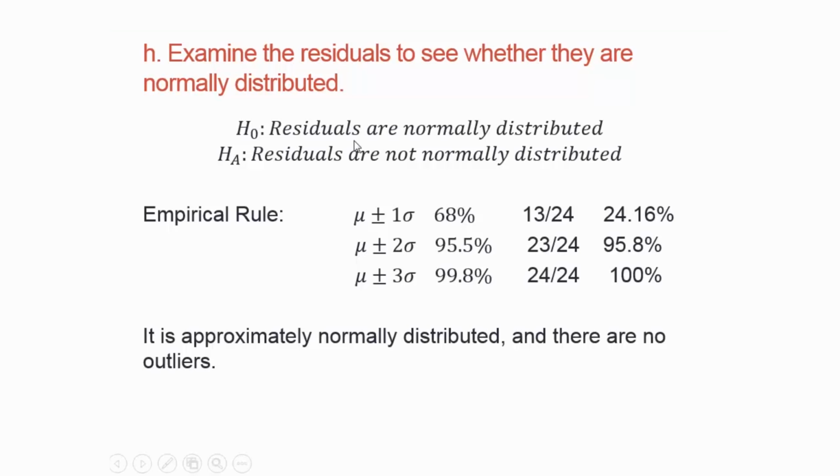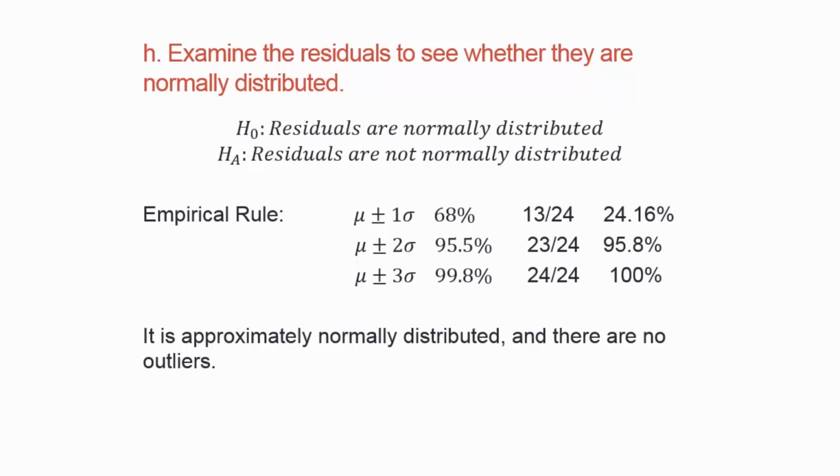13 of 24, 23 of 24, 24 of 24. These are then reported in percentages, and you can see the last two especially are very close to what I would expect. 13 out of 24 is about 58%, which is a little less than the 68 that we would expect, but it's not a lot less.